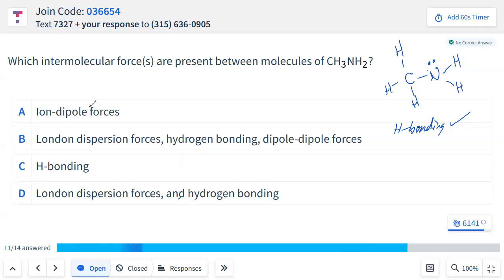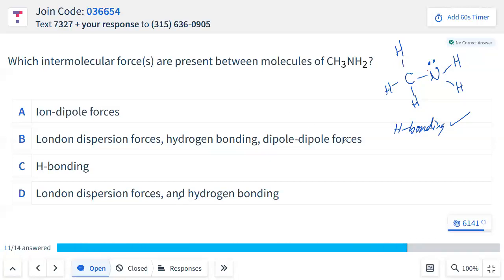Let me ask you this question. Does methylamine contain electrons? Yeah, it's as obvious as it seems. If it contains electrons, by default, it contains London dispersion forces. London dispersion forces are present in all substances that have electrons because those electrons move and create temporary dipoles.